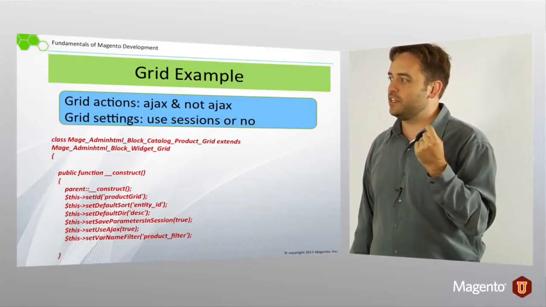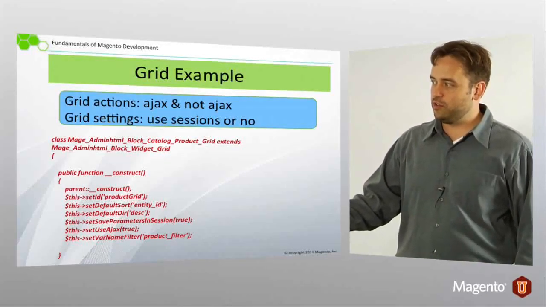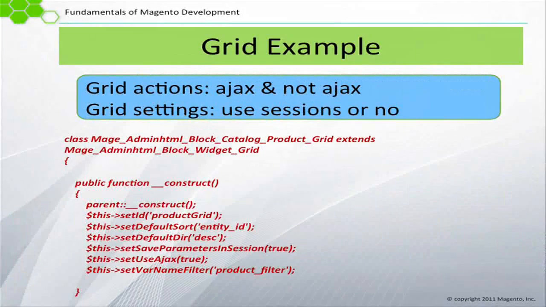The key thing is that to use Ajax for our grid, we just call set use Ajax. So make a new action, and for the layout of our new action, just refer to our single block and not the entire content node that we've been specifying. We'll see what that looks like in a second.